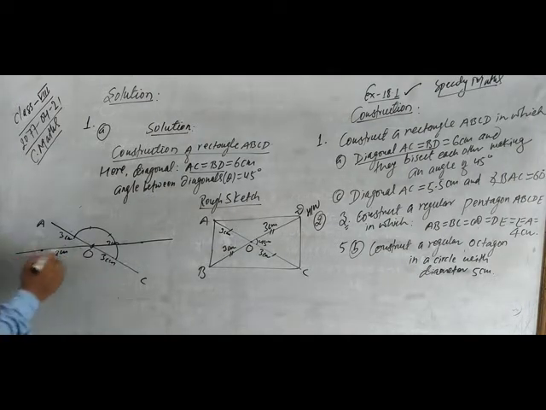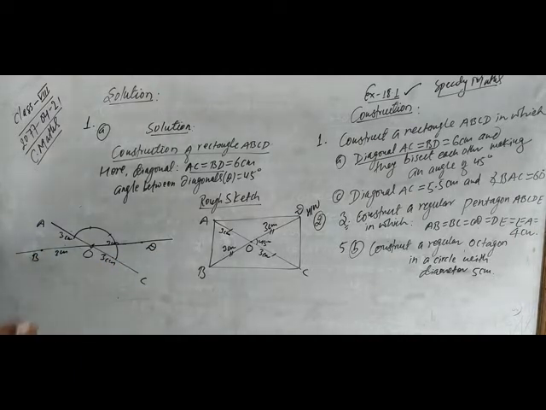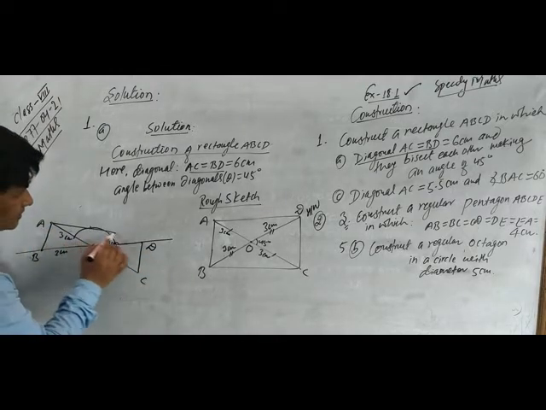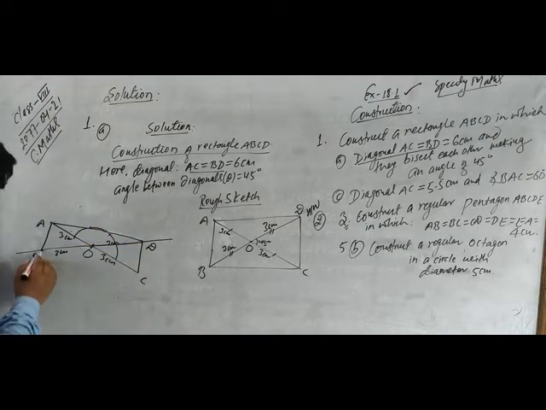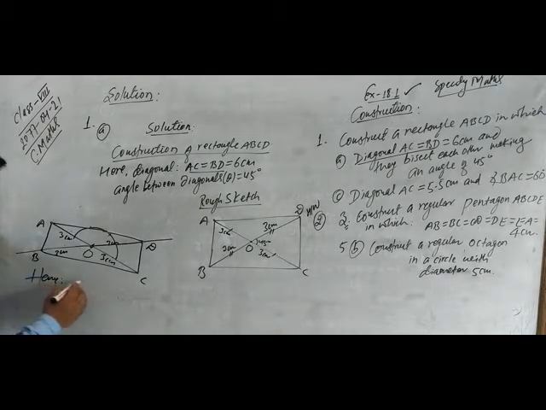Label these points B and D, and with the help of the scale, join point A and point B, join point D and point C, join point A and point D, and join point B and point C. So dear students, in this way you can draw the rectangle.